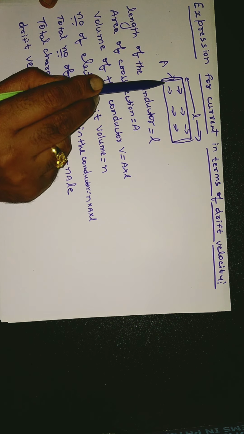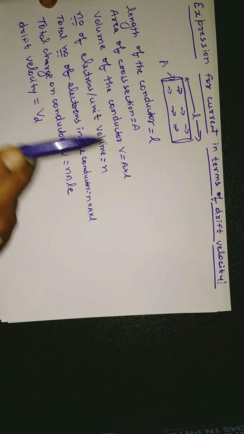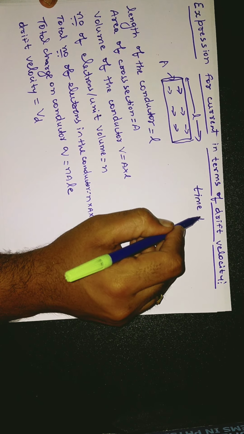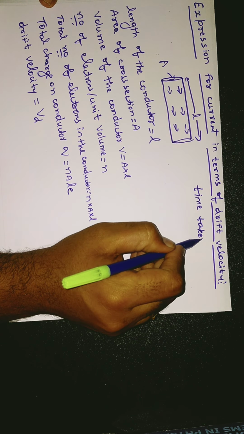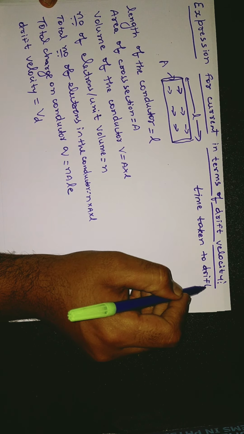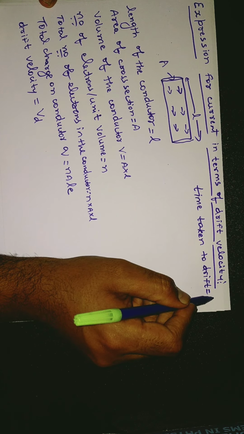The time taken by the electrons to drift from one end of the conductor to the other, we shall call it T.